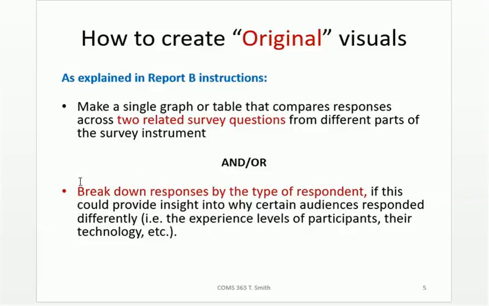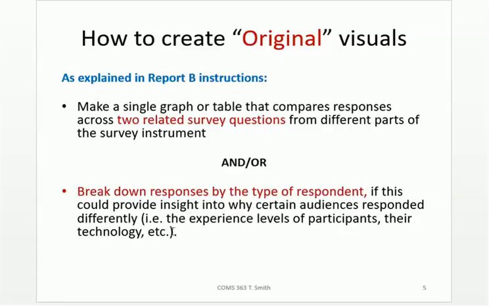Another way you could do it, and this is also correlating possibly 2 questions, when you break down responses to usability and rhetorical features, and you break them down by the type of respondent. If you're interested in, let's say, finding out if age or experience with websites or education levels made any difference in how people responded to the website.